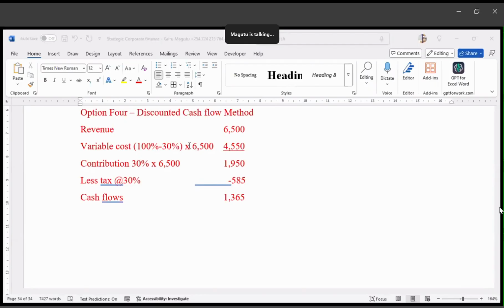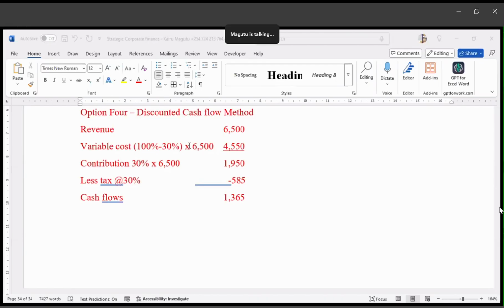We are given the beta factor for equity, so we need to ask ourselves, can we have the beta factor for equity with a debt? That's the question. Remember, we talked about the beta factor for equity without debt and the beta factor for equity with debt.